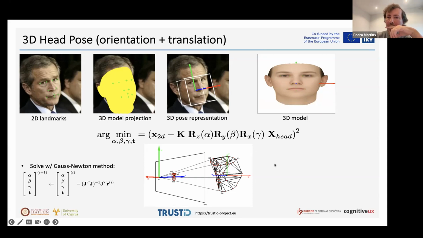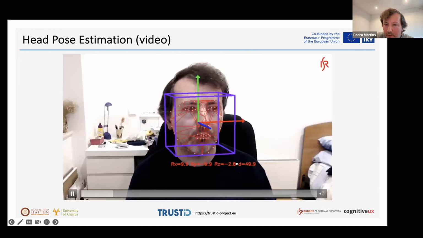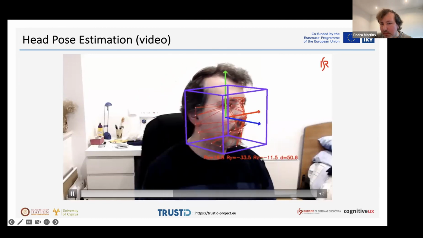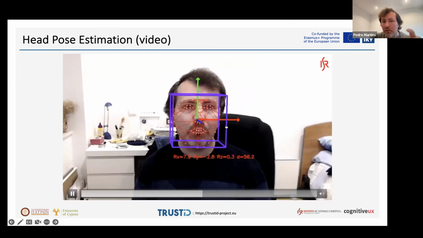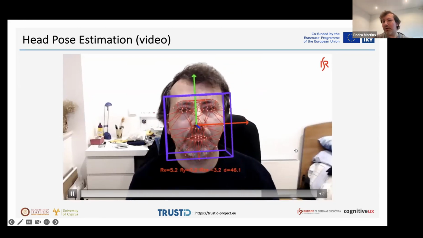We can use a model that has metric information, and by using that, we were able to estimate a scaling factor related to the focal distance. And with this information, we are able to determine, with some error, of course, the distance between the user and the camera without having calibration.